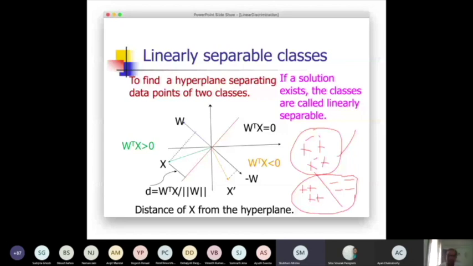What is meant by boundary? This line, the plane, sorry, that separates the two classes. I mean, if I can find a straight line which separates them, then we can say they are separable, right?